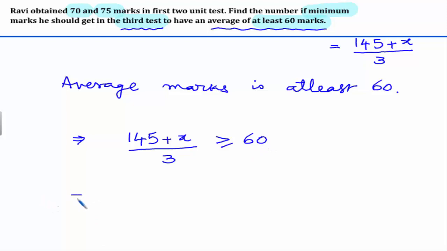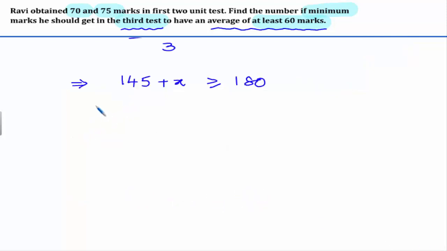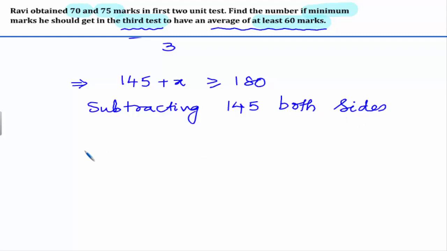Now by cross multiplying, we get 145 + x ≥ 180, and by subtracting 145 from both sides, we get x ≥ 180 − 145. That implies we get x ≥ 35.